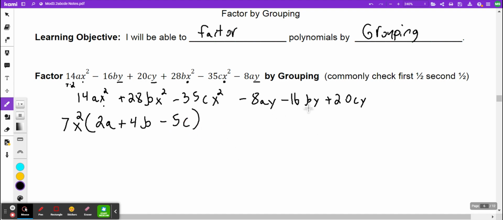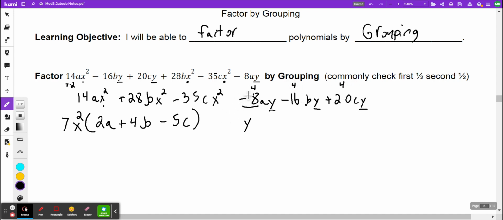So for this one right here, I know I'm going to pull out a y. They all share a y. So I'm going to pull out a y. I'm going to notice, hey, look, it's a negative 8. So let's see, can I pull out a negative 8 all the way across? No, because negative 8 times nothing equals 20. So I can't do that. But I can pull out a 4. They all share a factor of 4: 4 times 2, 4 times 4, and 4 times 5.